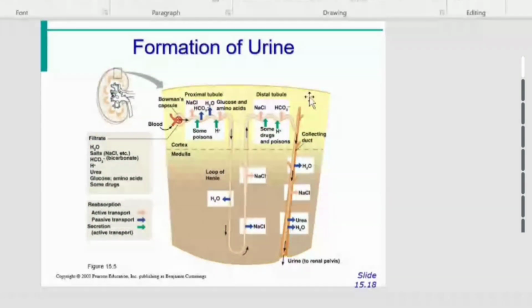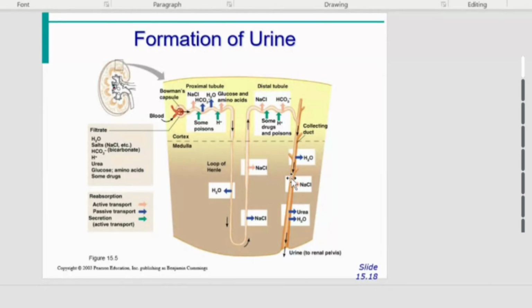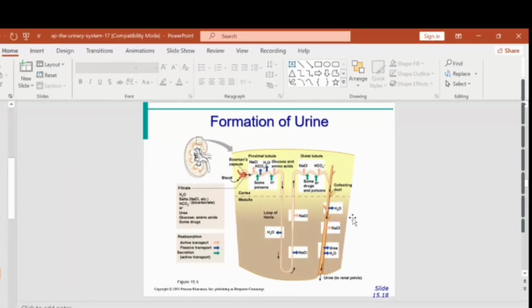At the collecting duct, we have the receptors for a hormone that we did talk about, which is secreted from the posterior pituitary gland. That's the ADH, or vasopressin, or antidiuretic hormone. Once it activates the receptors here, it increases the reabsorption of water and ensures that a lot of water is not lost from the body.